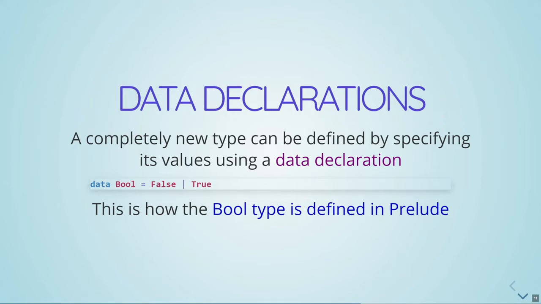So for instance, if we wanted to look at how Bool is defined in the Prelude, so the type Bool that we've been using all along, it's defined in the Prelude, and it's defined using the data declaration, data Bool equals False, and the way I like to read this is or, okay, you use this vertical bar, True. So basically, you specify all the values you want to be included inside of your data declaration, separated by a vertical bar.